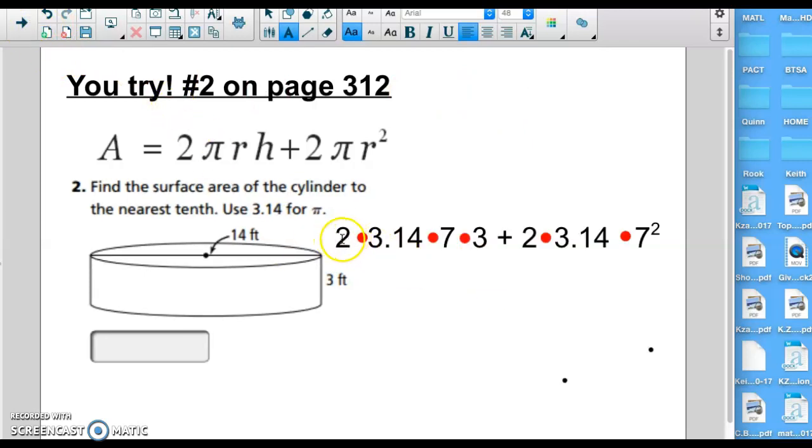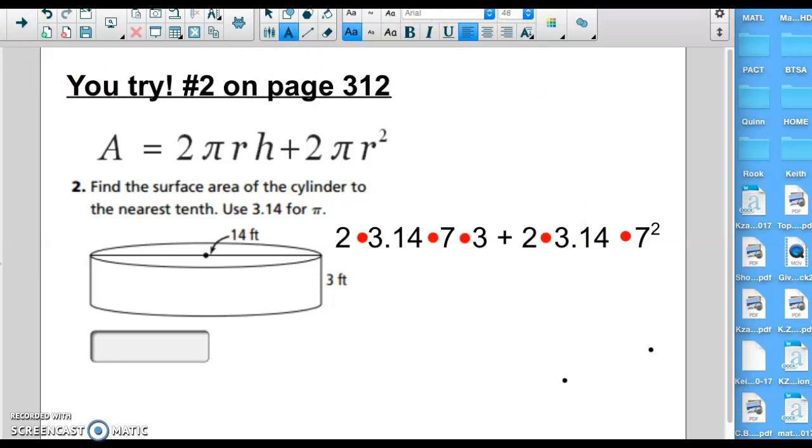Notice how it's 2, that stays, times 3.14 for pi, times 7. Where did that 7 come from? That's the radius. Times 3, that's the height, plus 2, it is a closed cylinder, times 3.14 times 7 squared. So again, you could type that whole thing into your calculator and you're going to get the surface area.